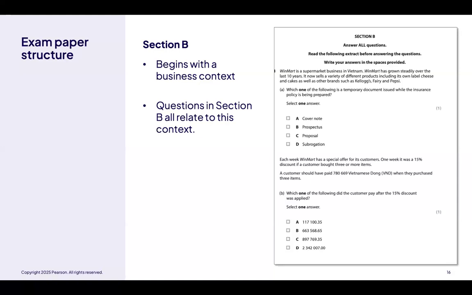It now sells a variety of different products, including its own labeled cheese and cakes, as well as other brands such as Kellogg's, Fairy, and Pepsi. So we've got this context, and very soon in section B, we're going to be answering our questions using that particular context. We will illustrate this later as well. I'm going to show you some exemplar student responses that use the context well and some that use it less well.